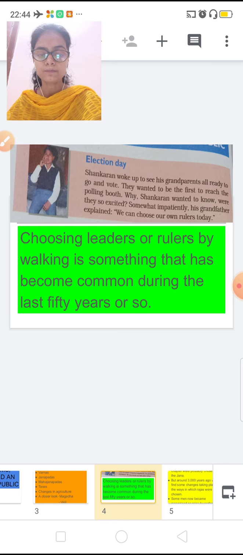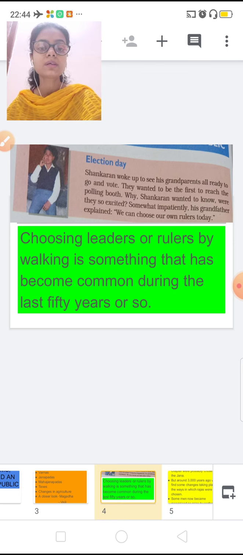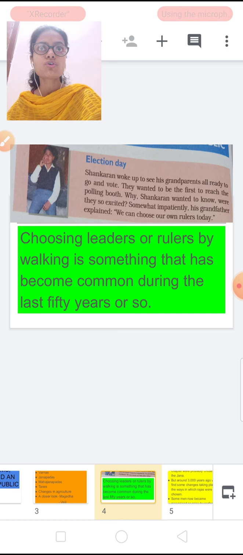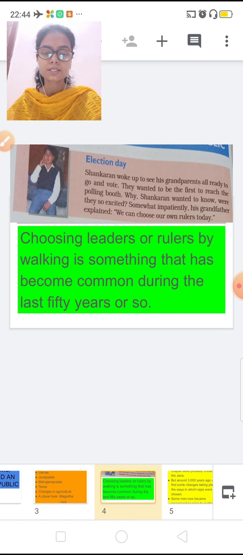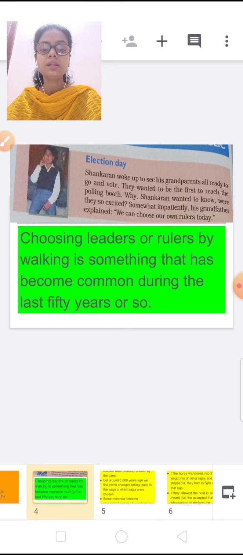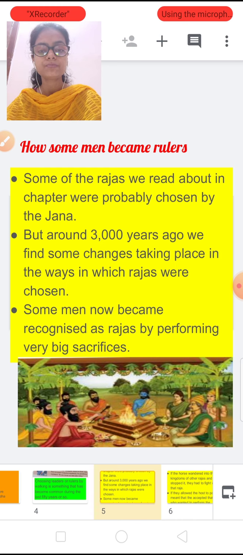But when we talk about history, this kind of voting right was not there in the past. So at that time, how did some men become rulers?